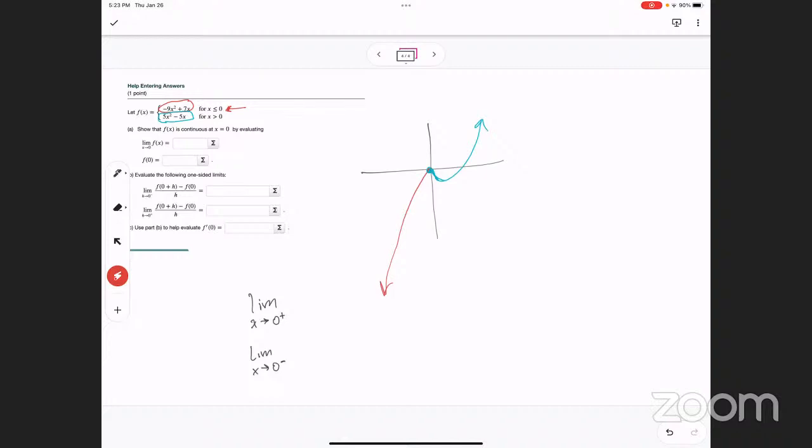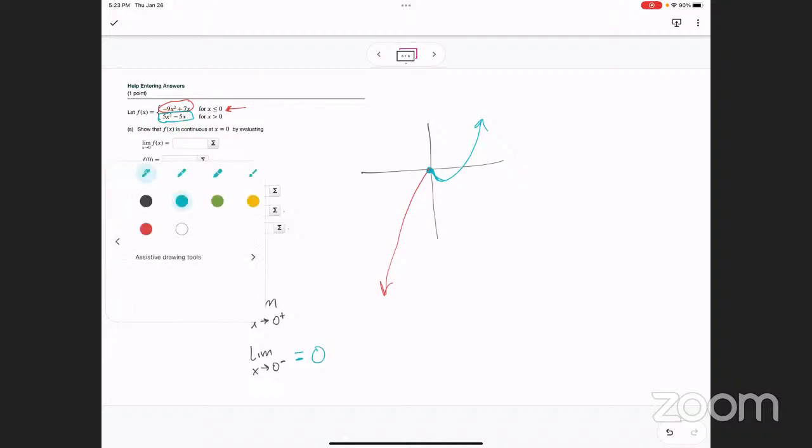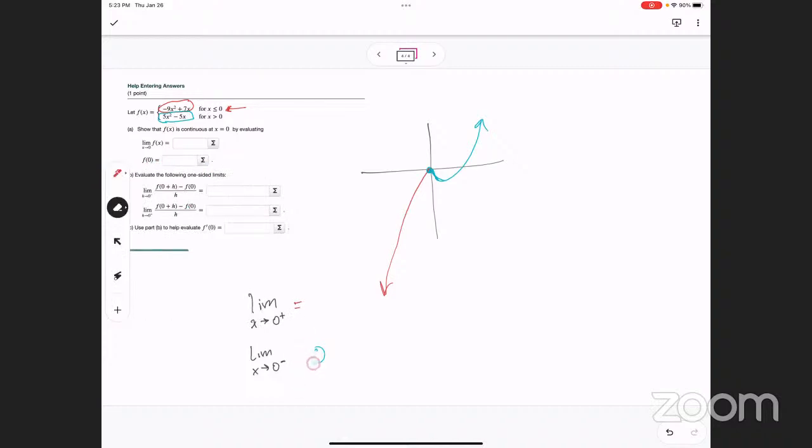If I plug it in, basically I'm going to plug it into the left one, which is that red function. The one coming from the right is the blue function. Whoops, my bad.